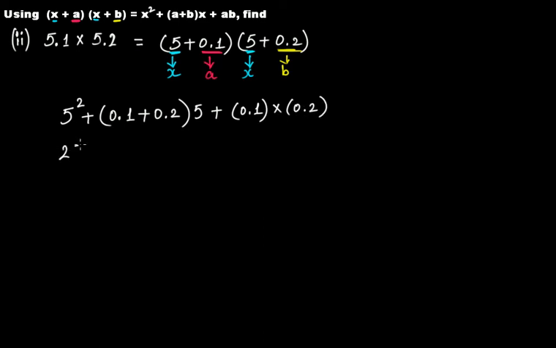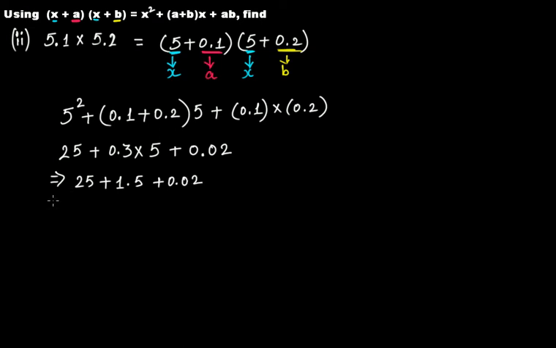This is 25, then 25 plus 0.3 multiplied by 5, plus 0.1 multiplied by 0.2 is 0.02. So if you further simplify it, this becomes 25 + 1.5 + 0.02.